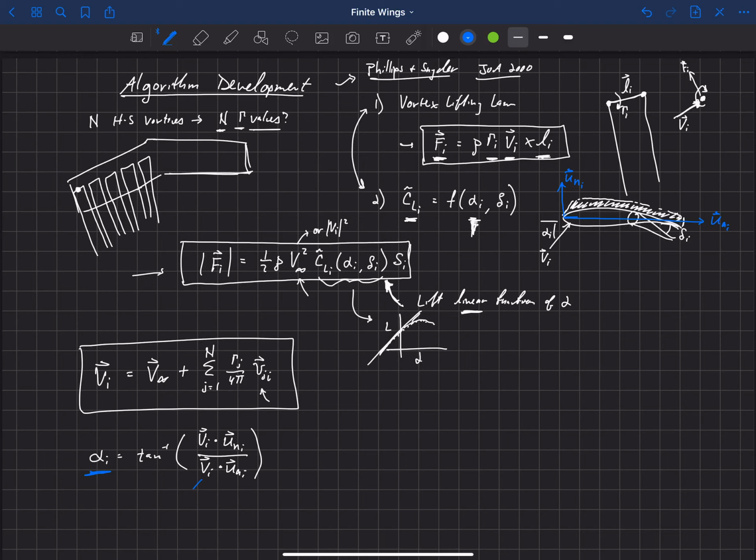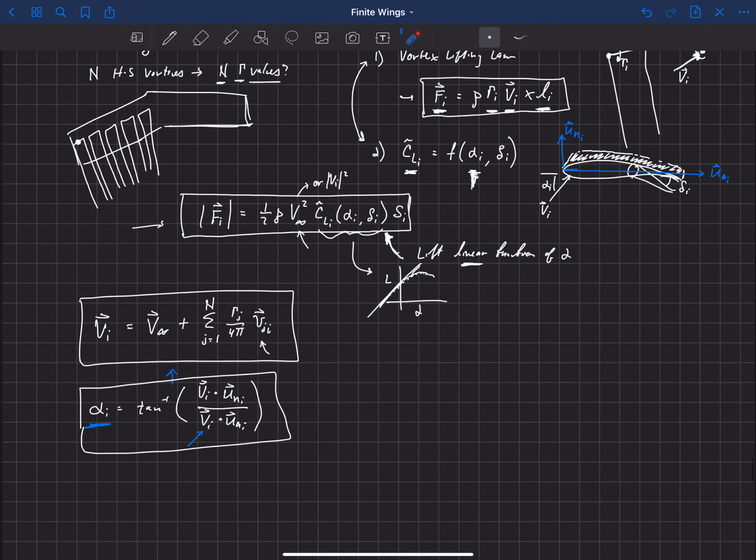So this gives us the angle of attack as a function. Notice again, this is a function of v sub I, which, from this equation here, depends on all of the vortex strengths. So we can now take this alpha I definition and our v sub I definition, and plug this into our f sub I definition, which has a v sub I in it, and then plug that into this equation and rewrite it.